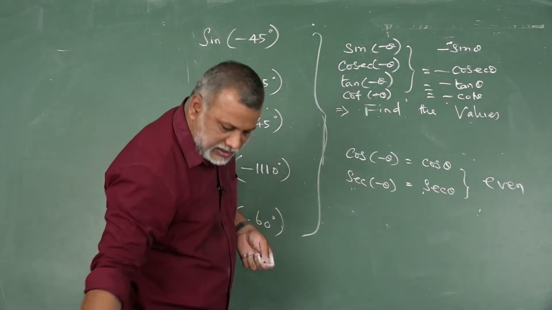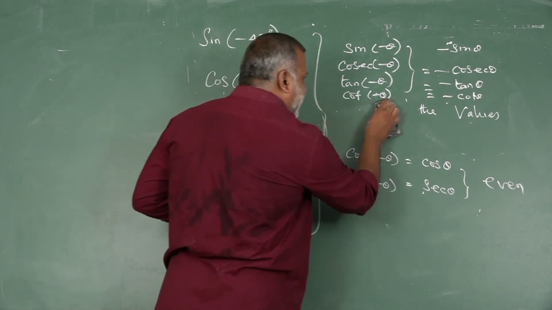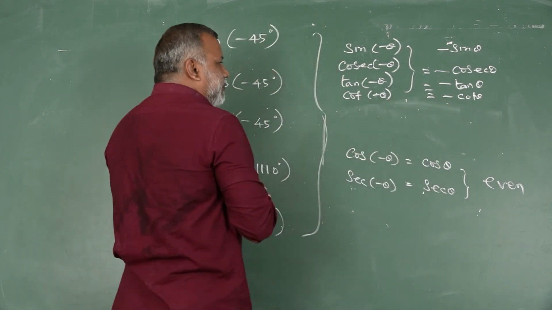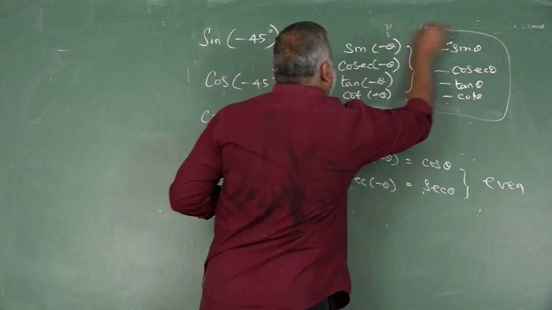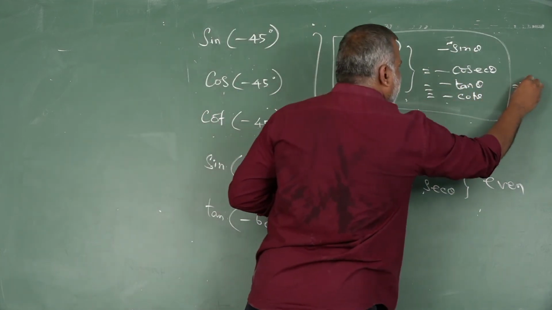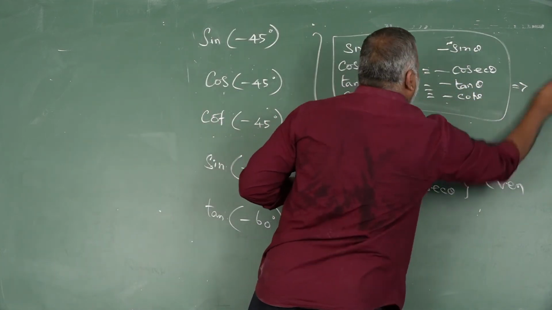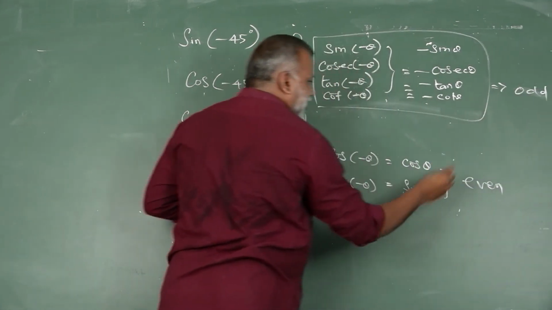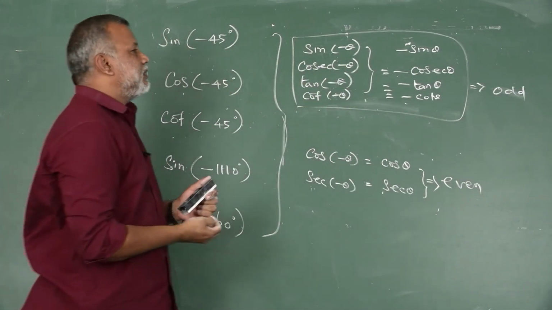See these results. These four functions are called odd functions. We already discussed this one. This is even, this is odd. Already we worked this out.